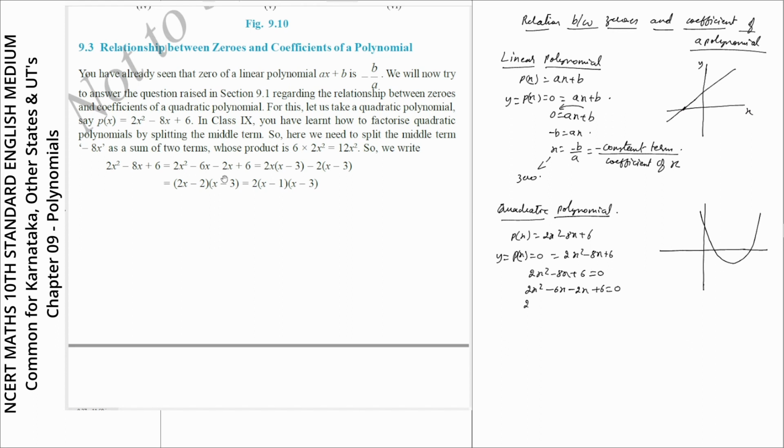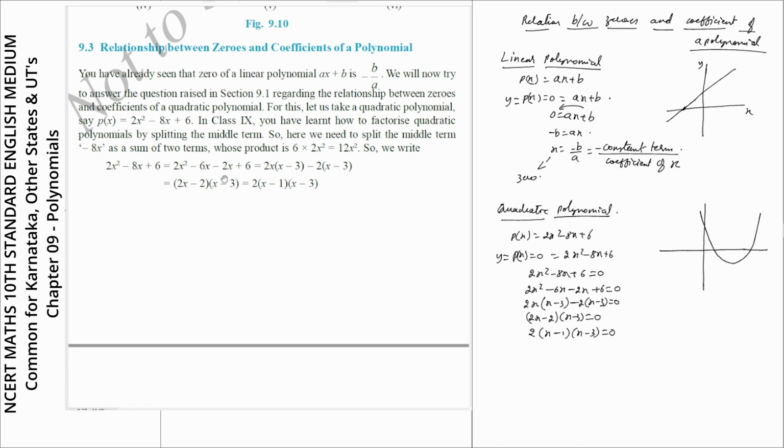Now in the first two terms I can take 2x as common factor, so I'll be left with x minus 3, and then minus 2, so x minus 3, is equal to 0. So 2x minus 2 into x minus 3 is equal to 0, or again I can take 2 common, so 2 into x minus 1 into x minus 3 is equal to 0.